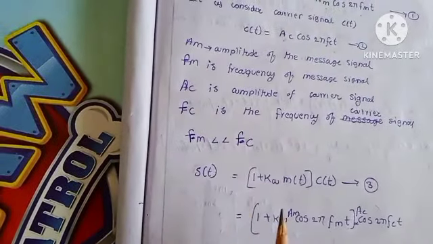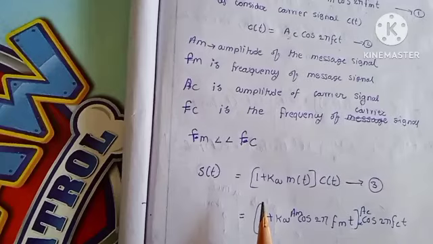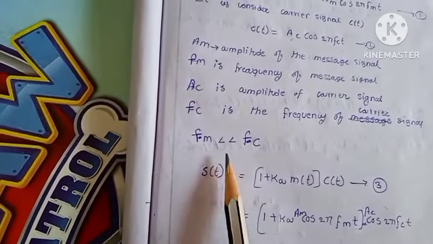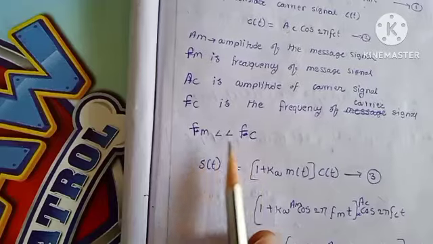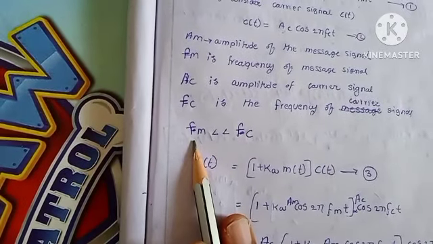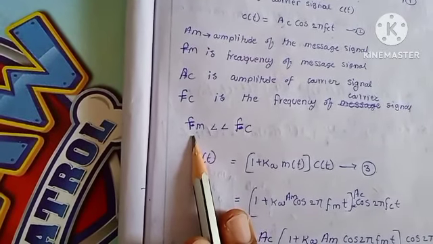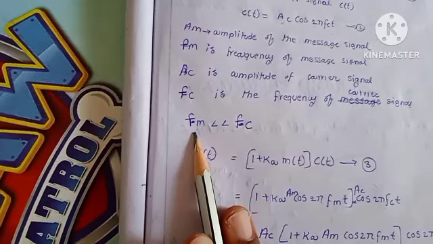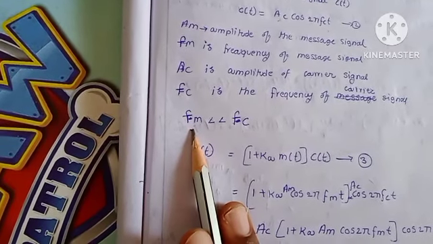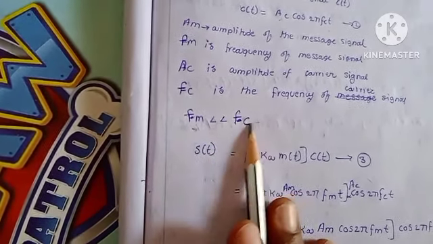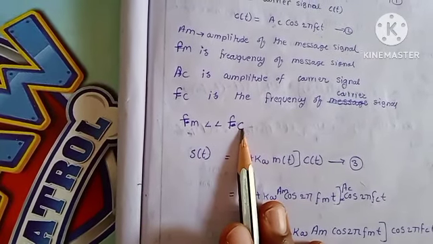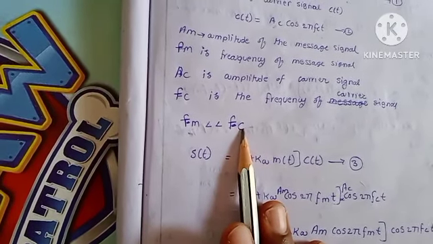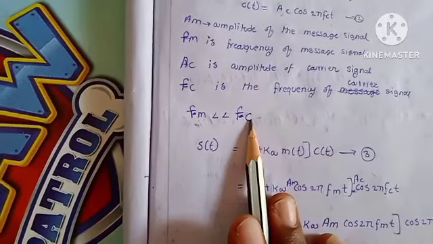The message signal frequency is far less than the carrier frequency: the message frequency range is 300 Hz to 3 kHz, and the carrier frequency range is approximately 500 kHz to 3 MHz.